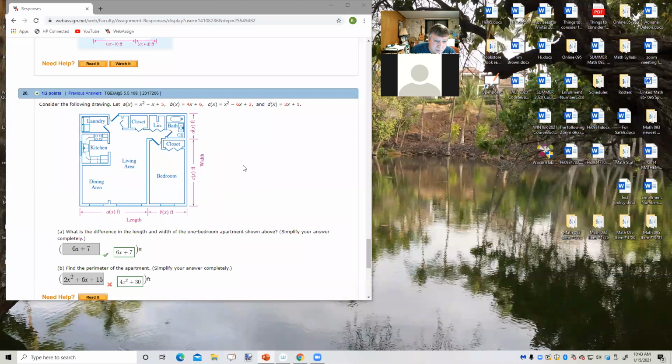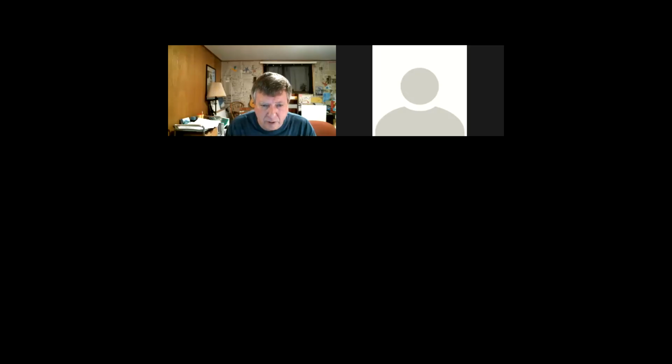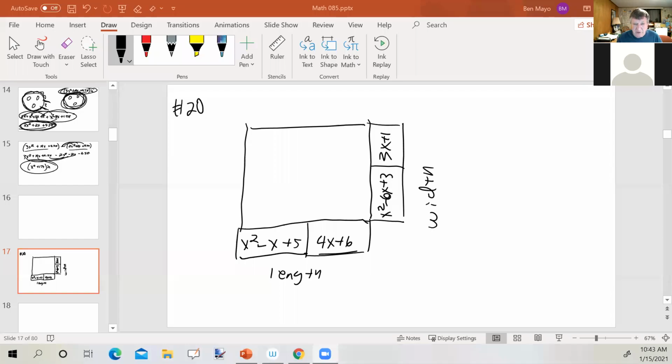C of x is x squared minus 6x plus 3, and d of x is 3x plus 1. So what I've got on my pathetic looking drawing is I've filled in the actual polynomial. So the length is this plus this, the width is that plus that. Any questions about where I got all those numbers?